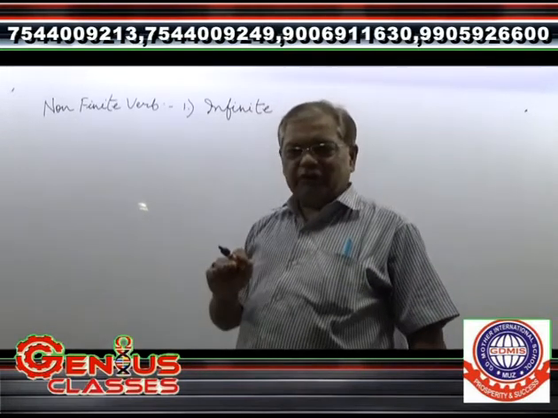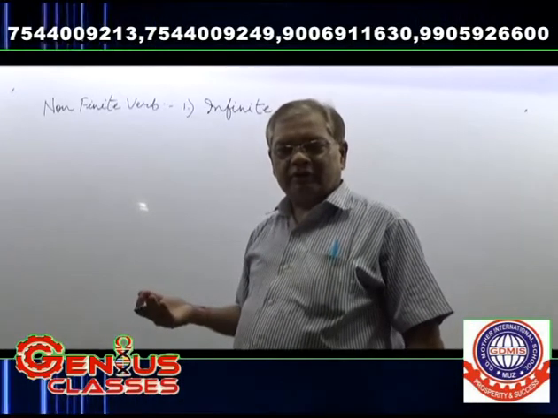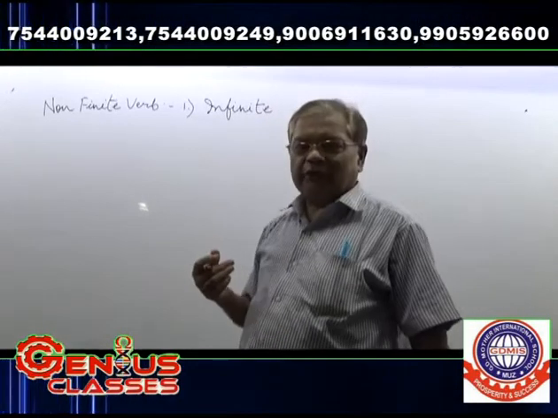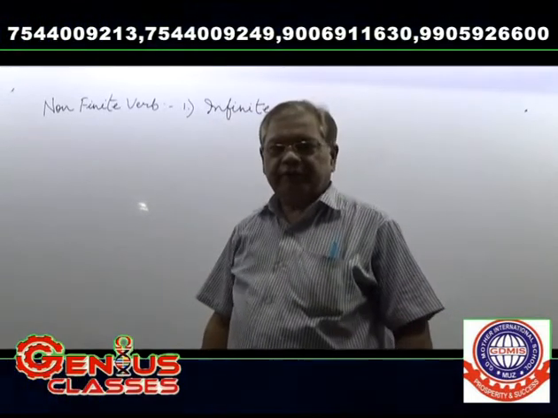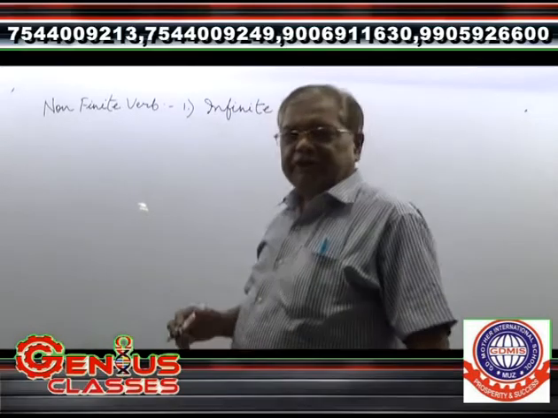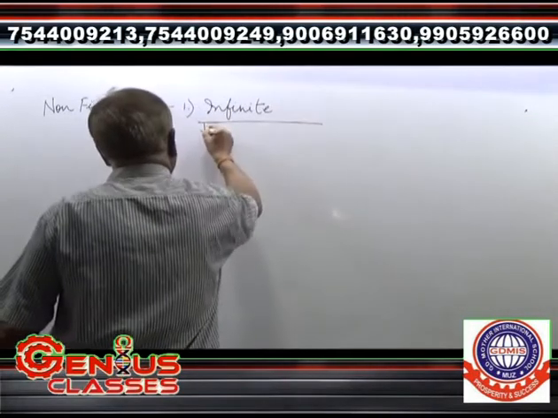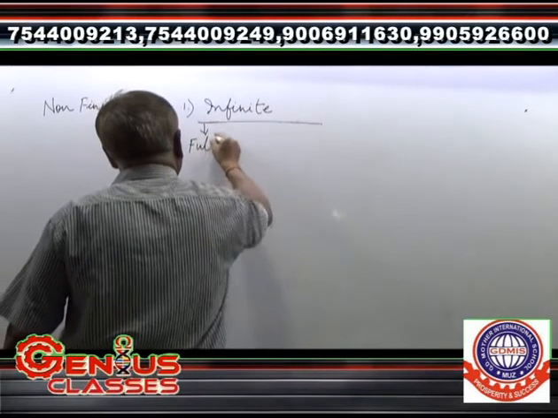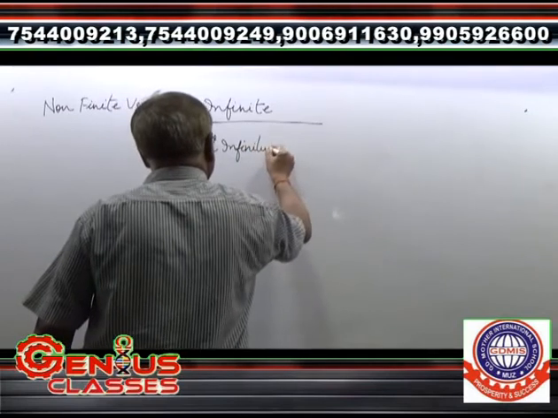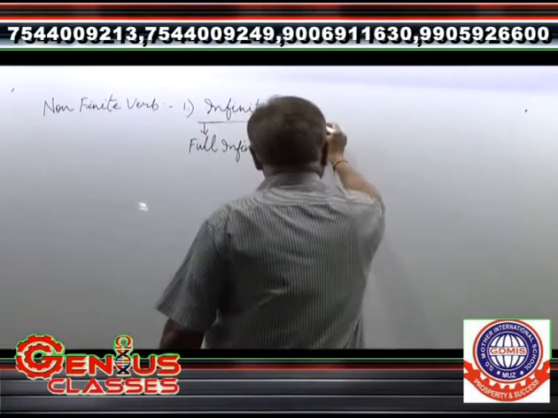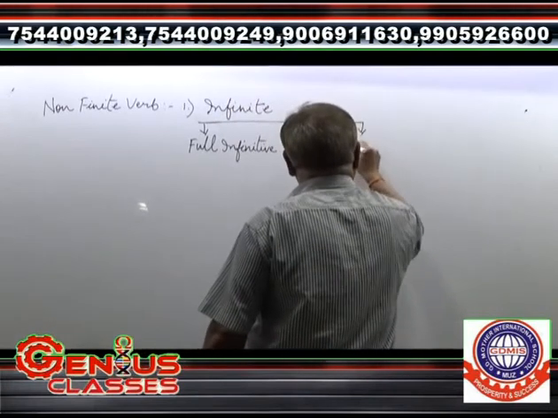So let us see how sentences are formed according to the non-finite verbs. Today we are going to discuss the infinitive. In the infinitive, there are two kinds: one is called full infinitive, and the second one is bare infinitive.